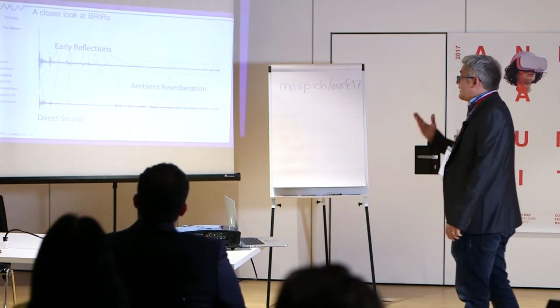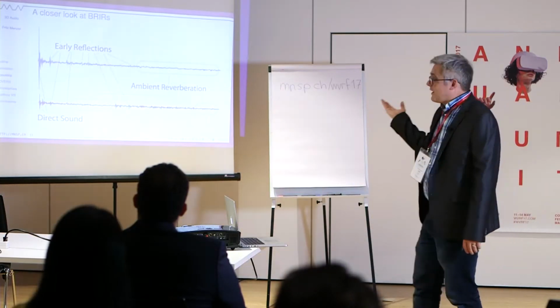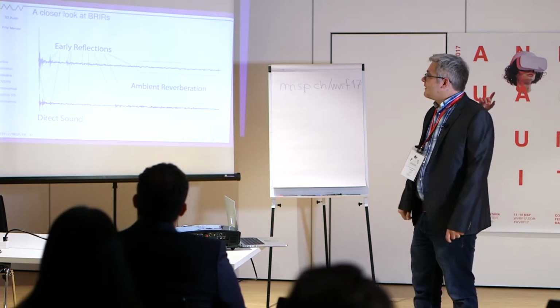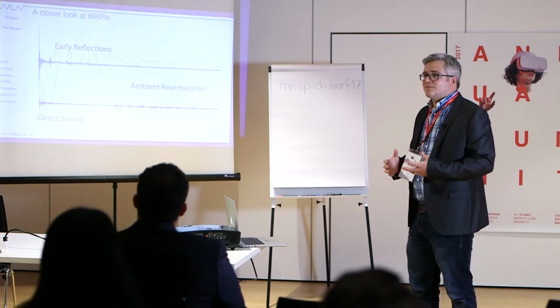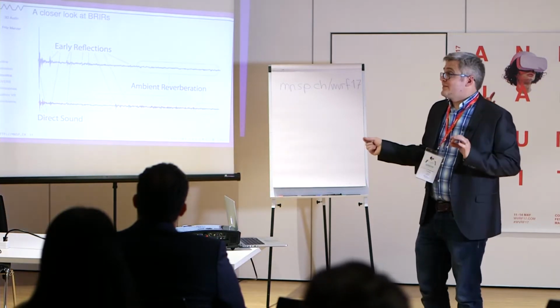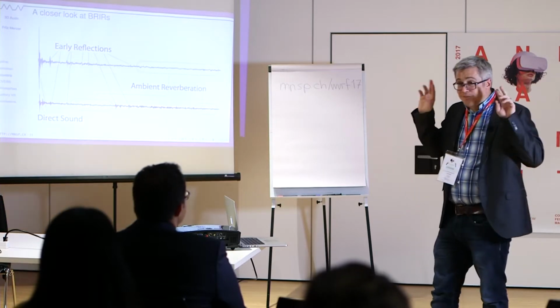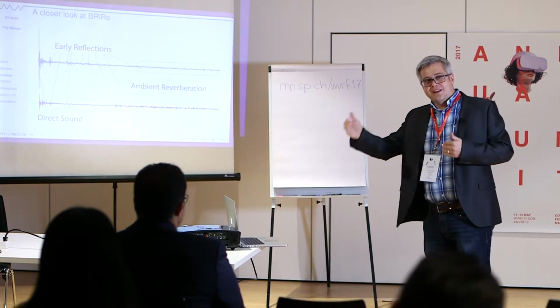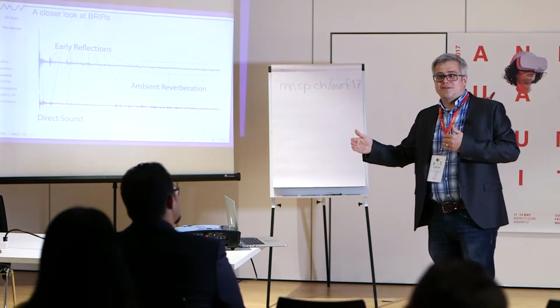And then comes the third component, which is the ambient reverberation, which is basically also reflections, but the messy type of reflections. And the interesting thing here is that these kind of messy reflections don't necessarily appear only very late in an impulse response, but they can also appear quite early simply because you have reflecting objects that are scattered around the room.